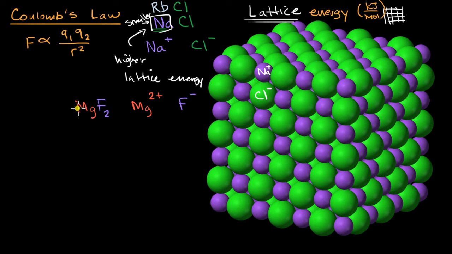So how would the lattice energy of magnesium fluoride compare to what we just saw up here? So magnesium has a larger charge than these cations up here. So if you viewed the charge of magnesium as q₁, you're going to have something larger up there. And that fluoride is a smaller anion than chloride.